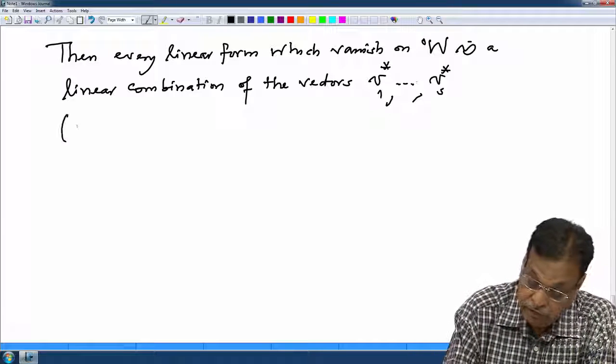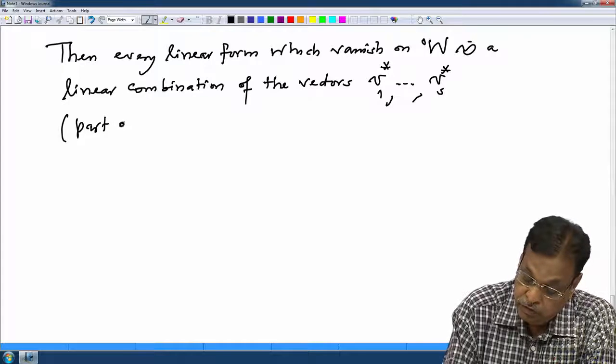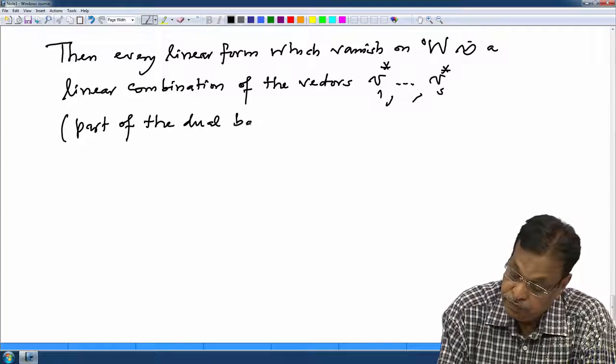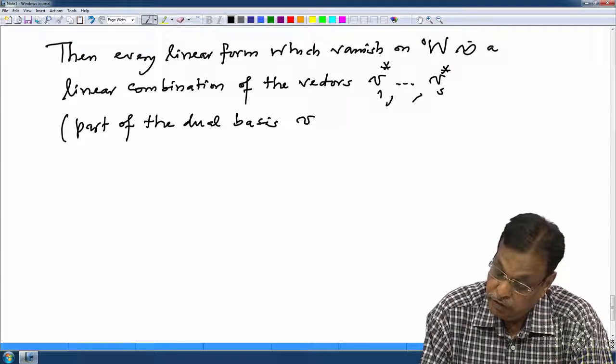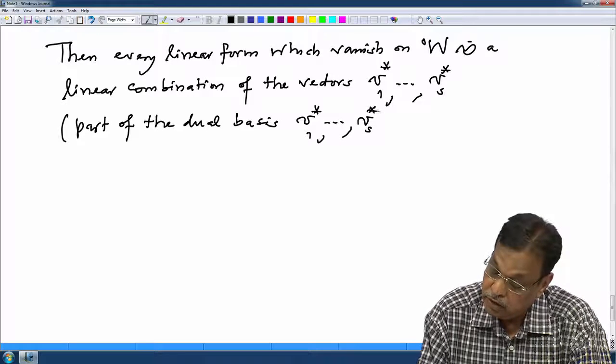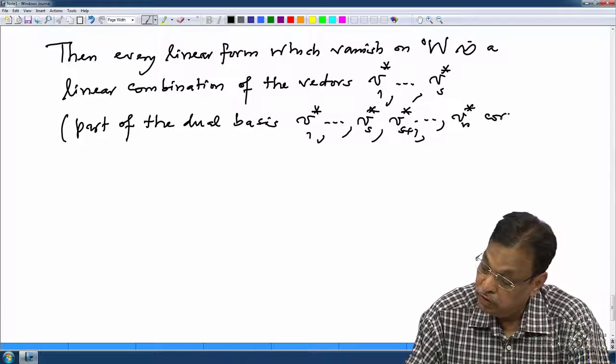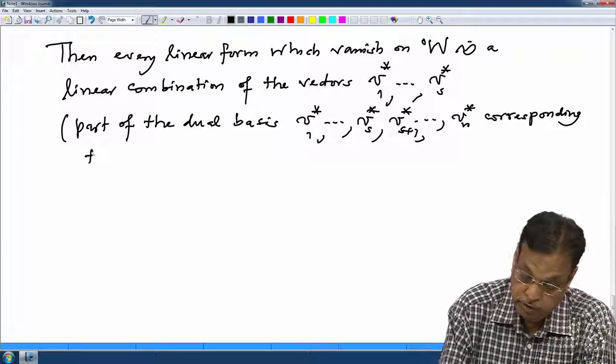This is a part of the dual basis V1 star, Vs star, Vs plus 1 star, Vn star, corresponding to the basis V1 to Vn.